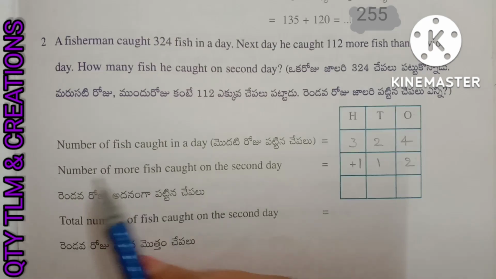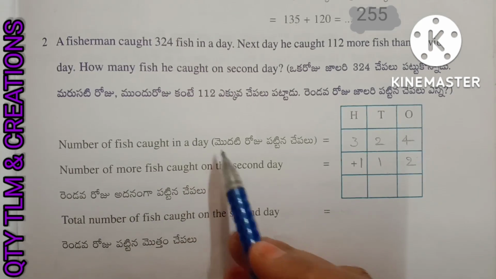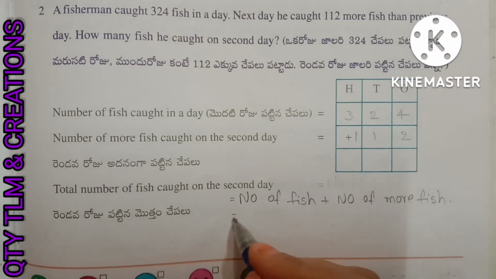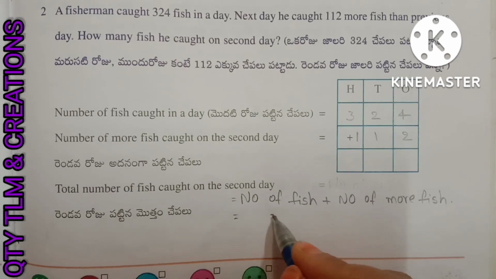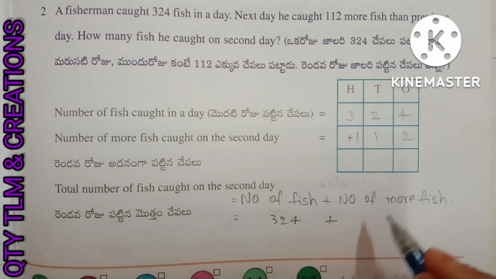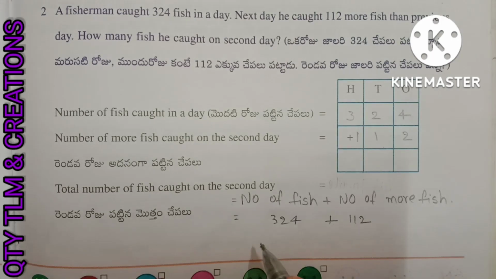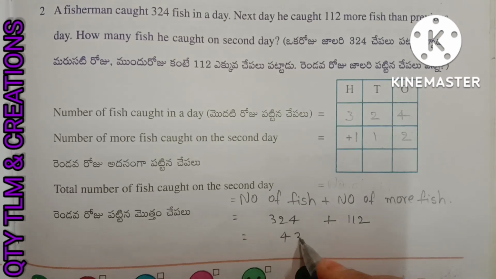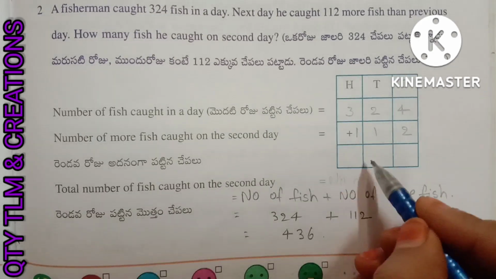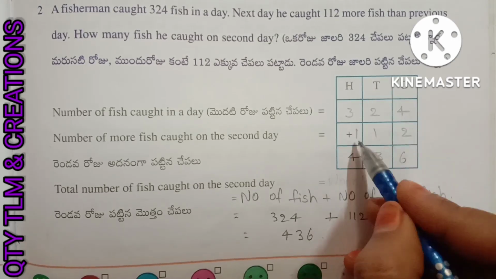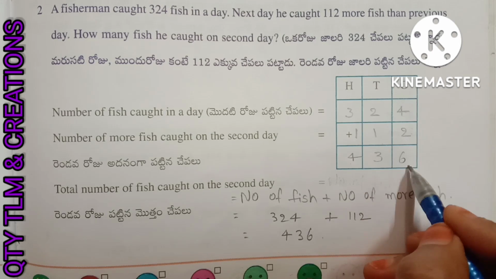Here we have to add number of fish caught in first day plus number of more fish caught on the second day. That equals 324 plus 112. We get 436. 324 plus 112, we get 436.